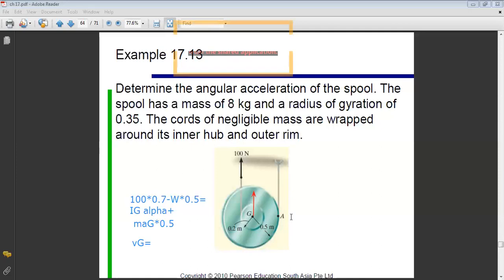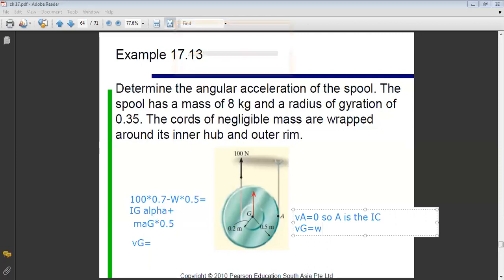Yes, as it is rotating about A. Since VA is 0, A is the instantaneous center, the IC. When I find the IC, I can say that the velocity of any point, in particular the velocity of G, is equal to omega, the angular velocity, times the distance between A and G, so times AG.